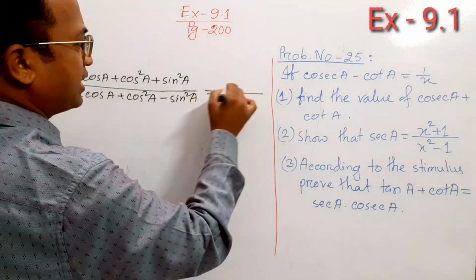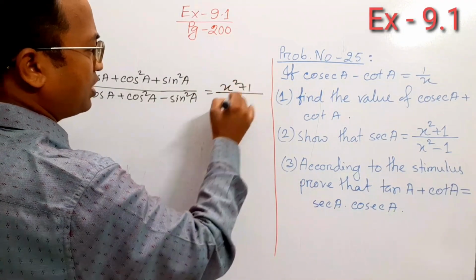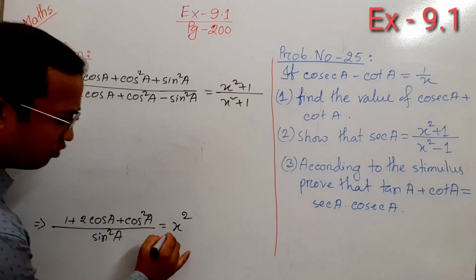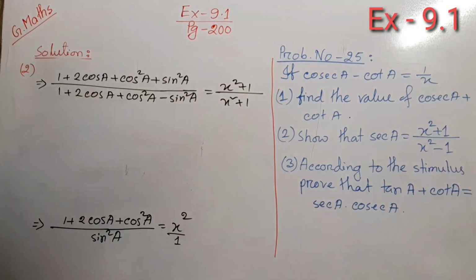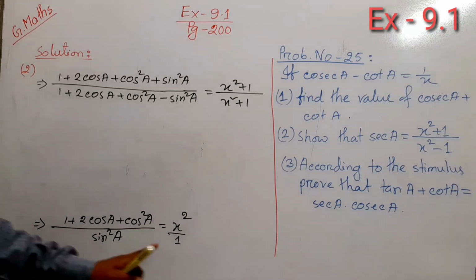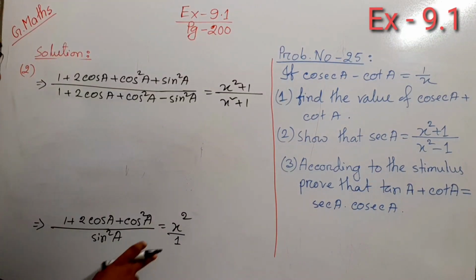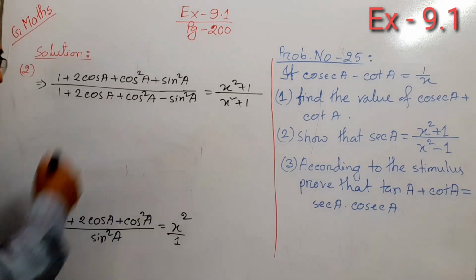And in the right hand side it becomes x square plus 1 by x square minus 1, since there is a denominator 1 in the right hand side.